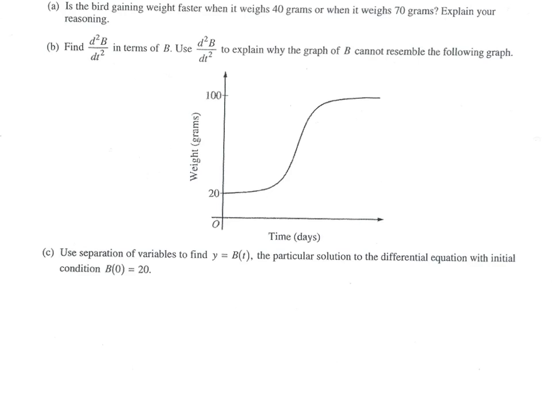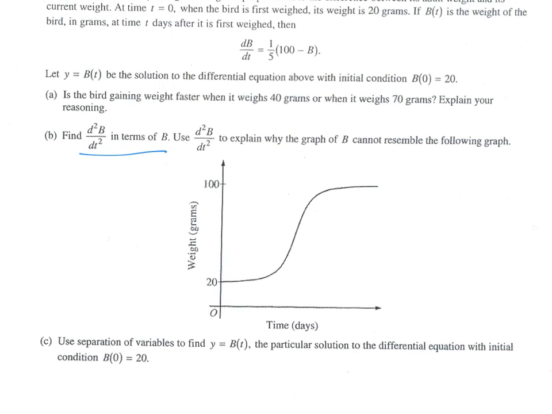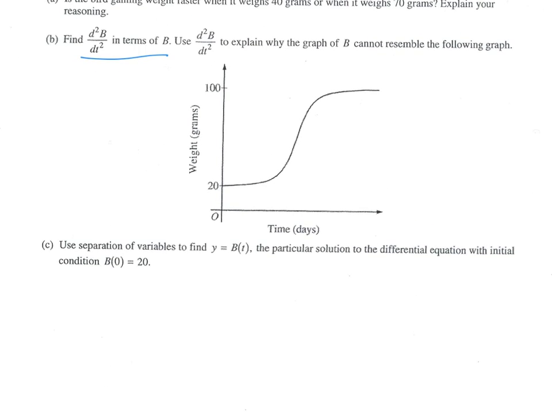All right, part B, we are looking for the second derivative in terms of B. So dB/dt is 1/5 (100 minus B), and we want the second derivative.